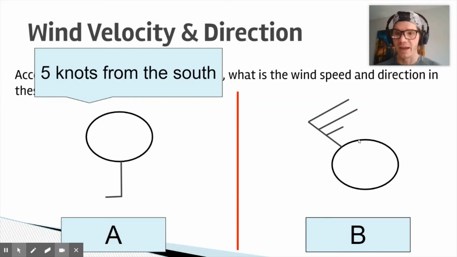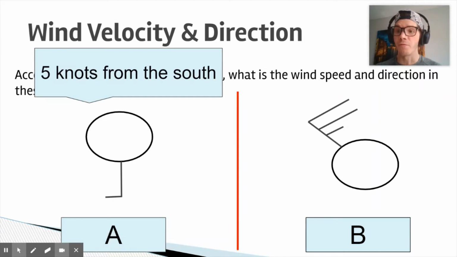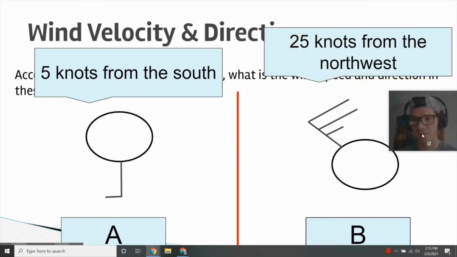For B, I have the staff coming in this direction, so north, south, east, west. The wind is blowing from the northwest at a velocity of, I'm going to add them all up, 10 plus 10 plus 5, we would get 25 knots from the northwest. So that's how you figure out wind speed and direction.